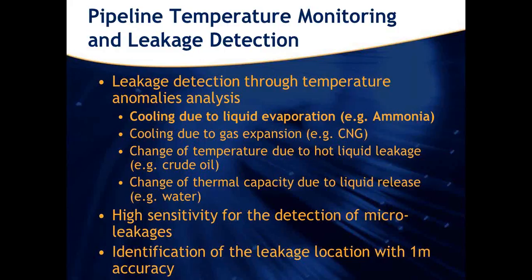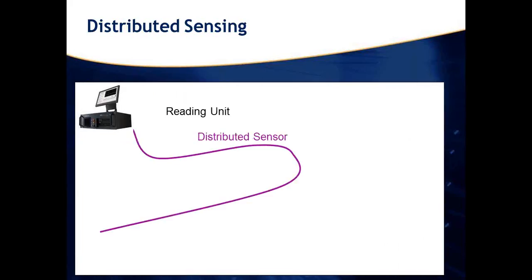Those systems based on distributed fiber optic sensor offer high sensitivity for the detection of very small leakages, and they can also localize the position of the leak with a 1 meter accuracy. The measurement systems are based on a combination of a readout unit and a measurement cable. The measurement cable is installed along the pipeline and can detect and localize hot spots or cold spots along the pipe itself.